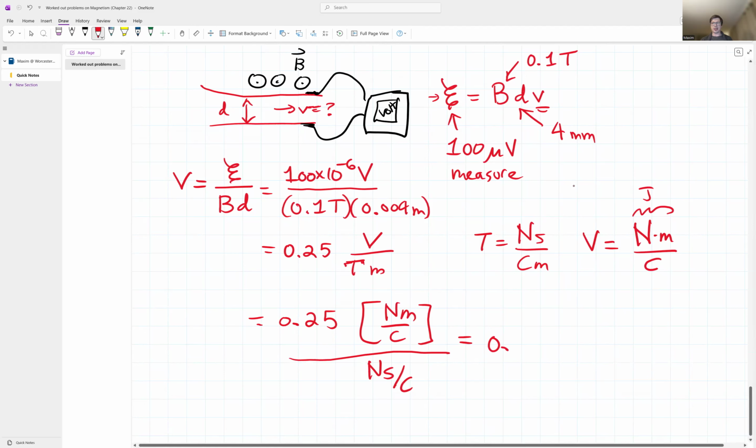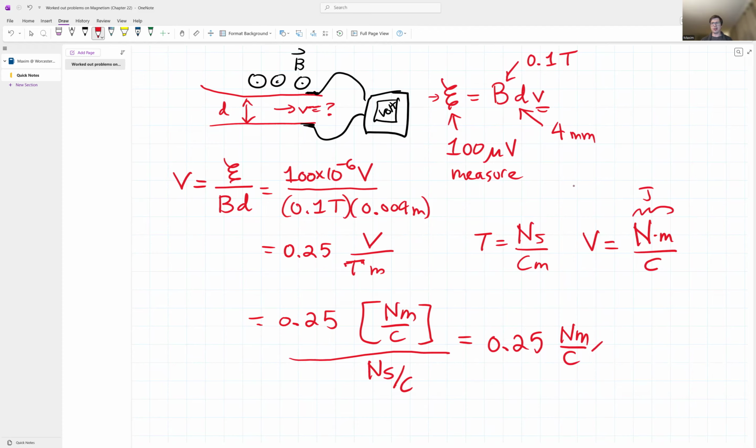Okay, so then this becomes 0.25 times Newton meter per coulomb, and then this is in the denominator. So if I flip it to the numerator, the coulomb goes on top and the Newton second goes on bottom. And magically, lo and behold, the coulombs and newtons cancel and you get 0.25 meters per second.